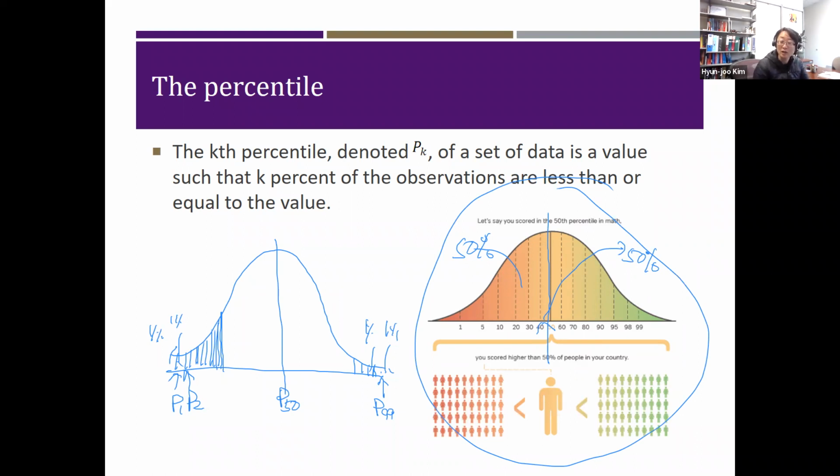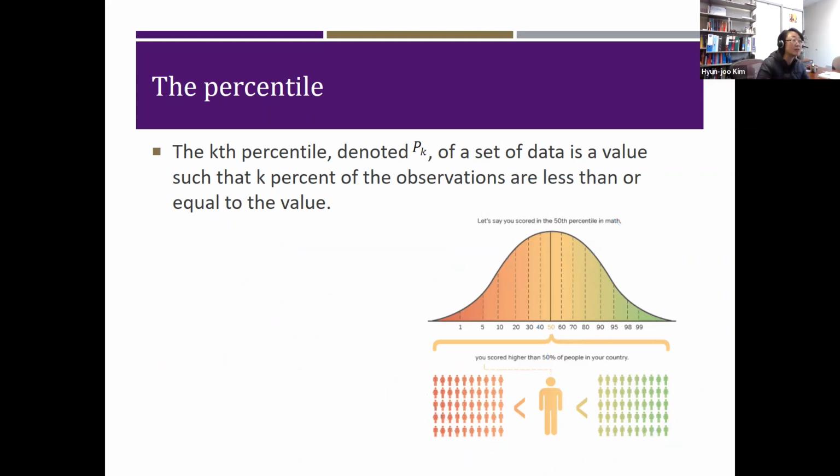We talked about it in 3.1. What was the point that has 50% of the data on each side? The median, exactly. So the median is the 50th percentile. That's the same thing. Okay, so that's the percentile.